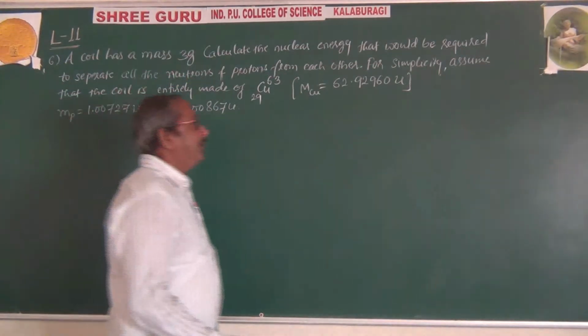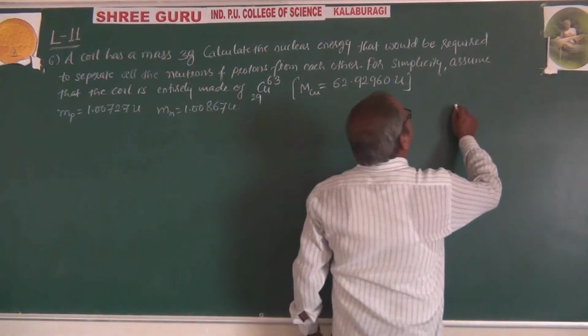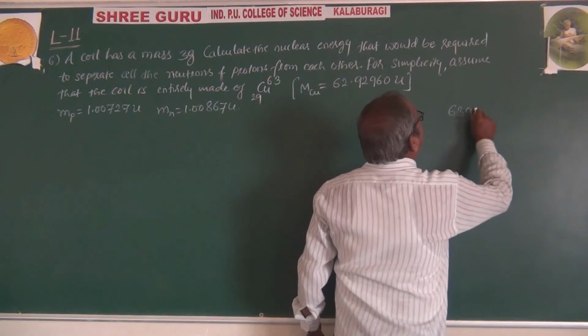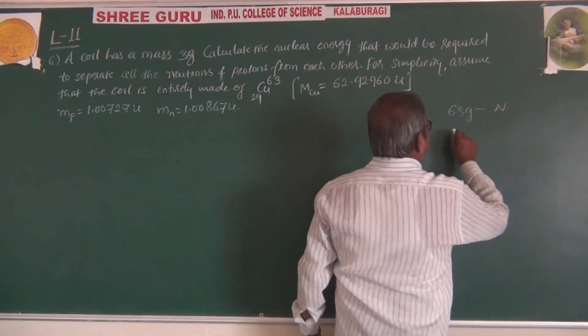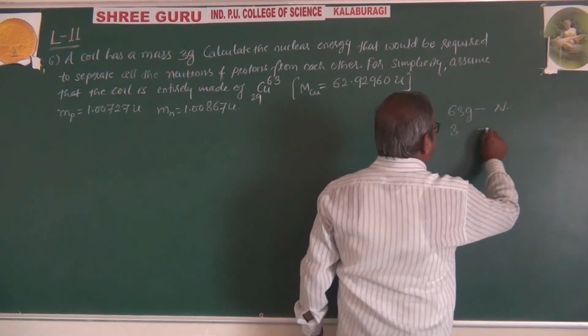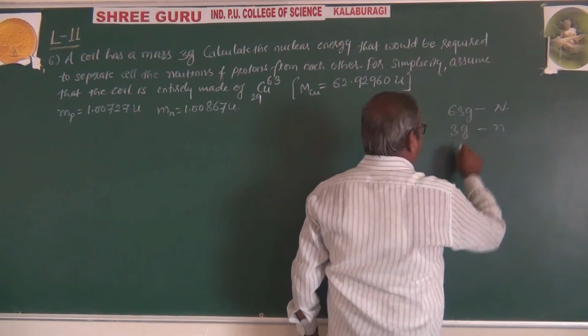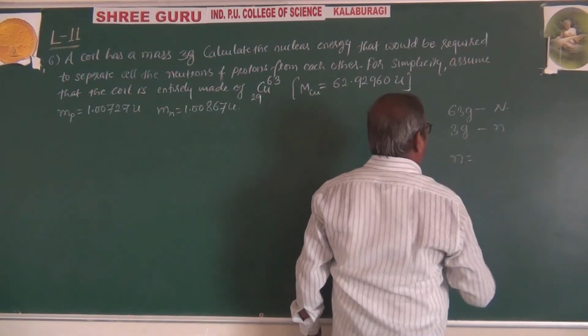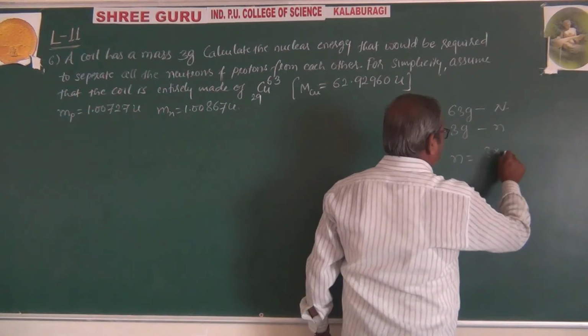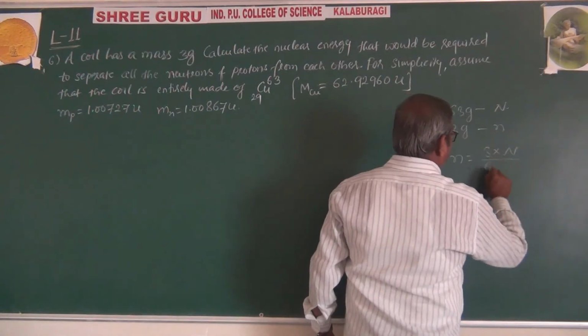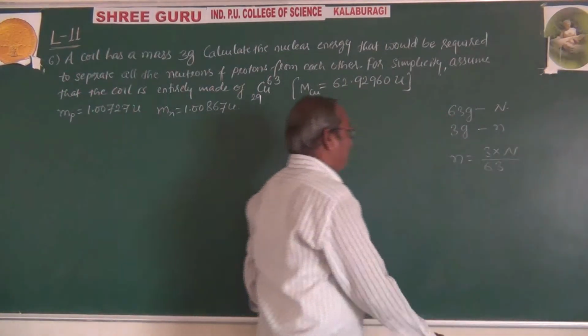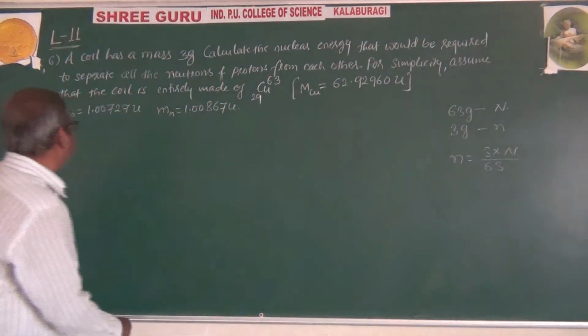For 63 grams we have Avogadro's number, so find out how many for 3 grams. So n equals 3 into Avogadro's number divided by 63.